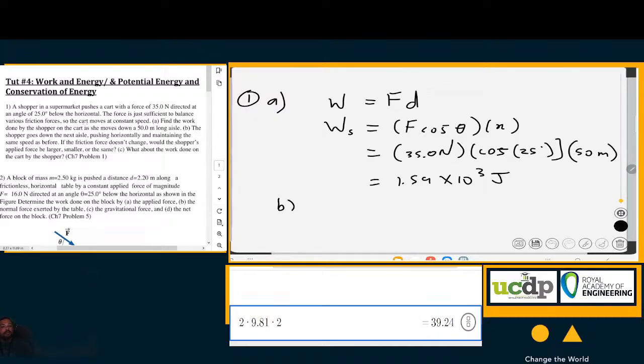B. The shopper goes down the next aisle pushing horizontally and maintaining the same speed as before. If the friction doesn't change, would the shopper's applied force be larger, smaller, or the same?